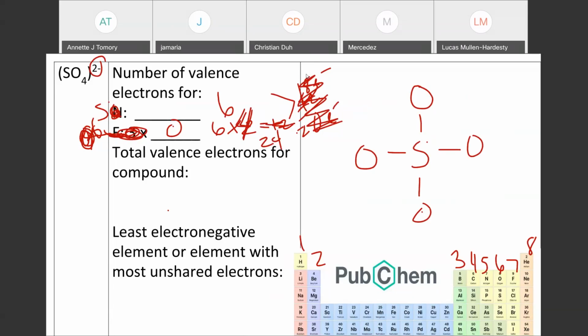For some reason I was putting a 2 there. I was looking at the -2 probably. Because of this SO4, I have to do 6 times 4 for the oxygen, which gives us 24. And then 24 plus 6 is 30 for the total, plus another 2 is equal to 32.